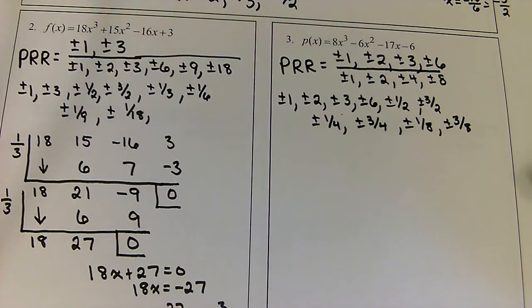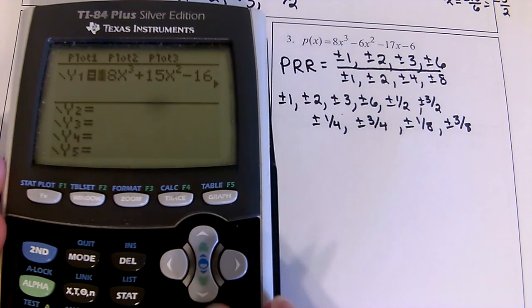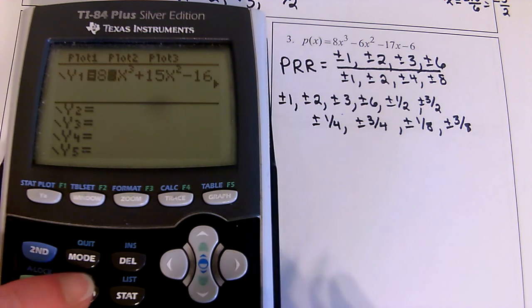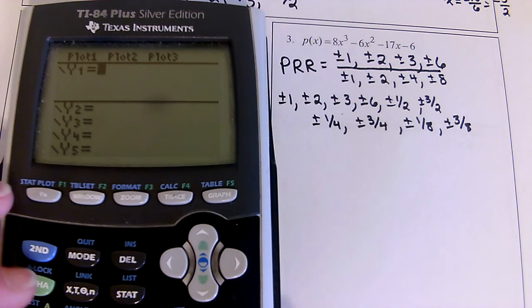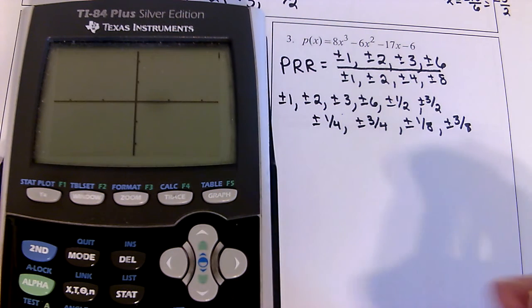Now I want to narrow it down, so I'm going to grab my calculator. Y equals 8, whoops, I need to clear it, 8x to the third minus 6x squared minus 17x minus 6.